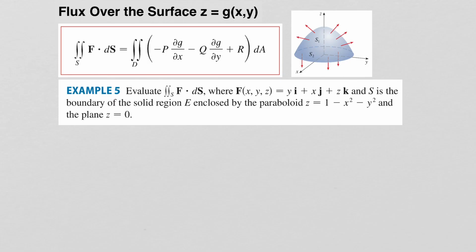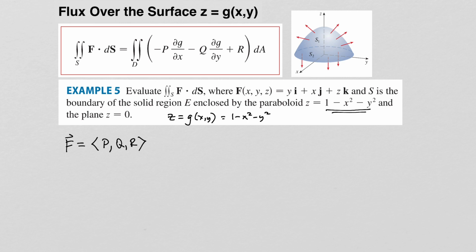Let's recall in this formula that the vector field F is what we are calling P, Q, and R, where P, Q, and R are functions of x, y, and z. And then g is this here, right? So z equals g of x y, which is equal to 1 minus x squared minus y squared.